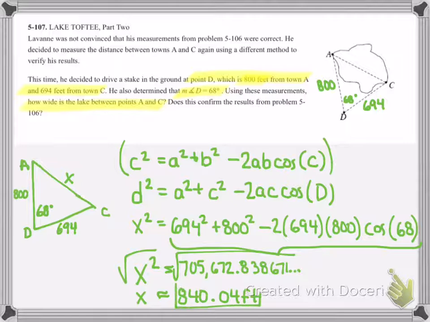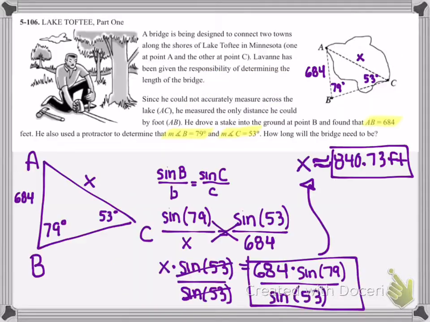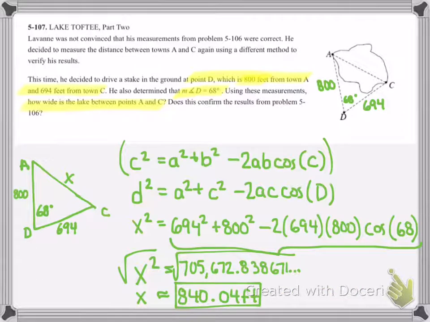Now, we're asked in this problem to see if it verifies our answer from the last problem. So if we look back at our last problem, we got 840.73 feet. So this is not so far off from our answer here. We can probably chalk up the difference just to human error in measuring these sides.